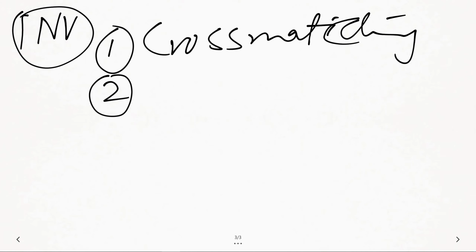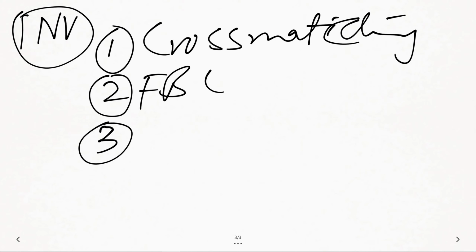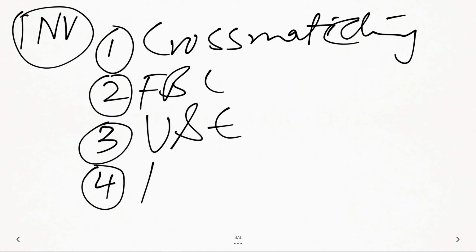So you are going to do full blood count, you are going to do chemistry, urea and electrolytes. As usual, this is a critical case, you are going to do liver function tests, all.